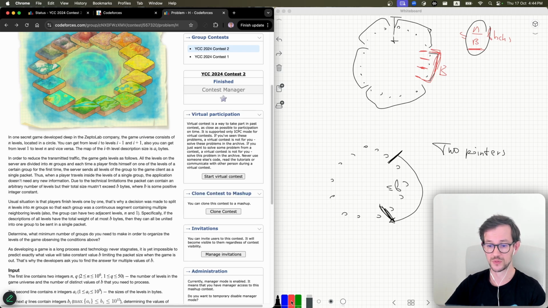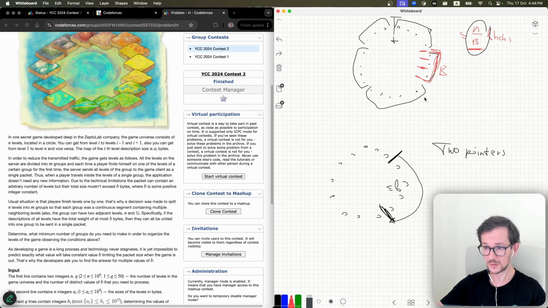Then do these jumps, and calculate how many jumps you make until you make the full circle. You make no more than n divided by b jumps, because you pick the smallest segment. So you do n over b jumps each time, and you have b possible starting points. So the total time complexity will be linear.